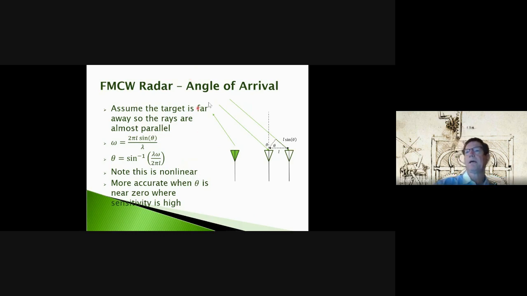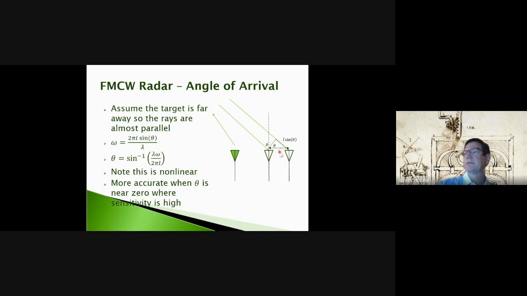And so these lines are approximately parallel, right? So now we can use some little trig, and we can find the right angle distance between these, and relate that to the physical spacing of these antennas, which I call L here.